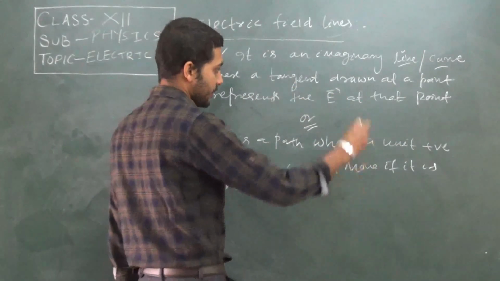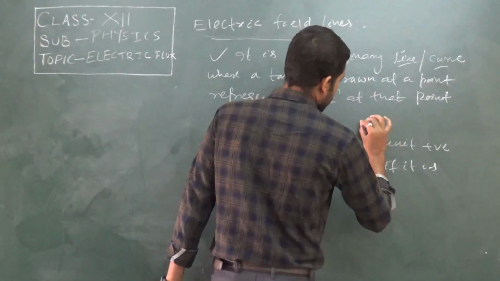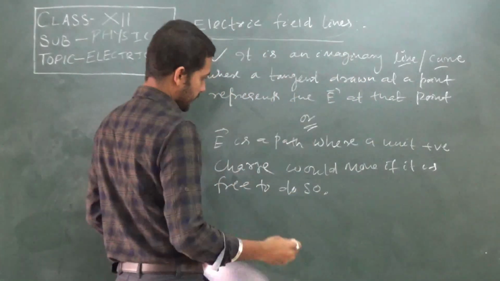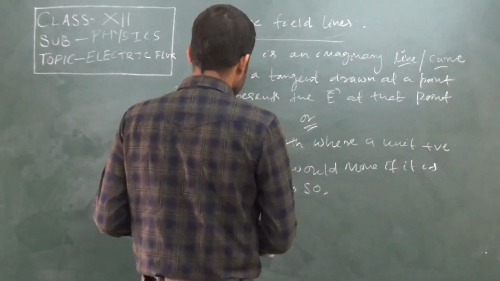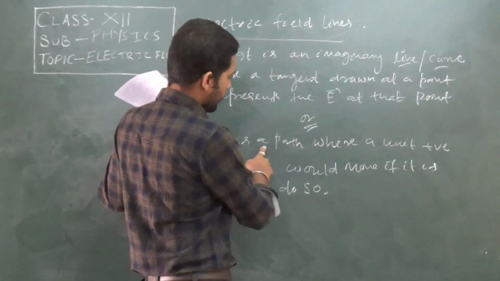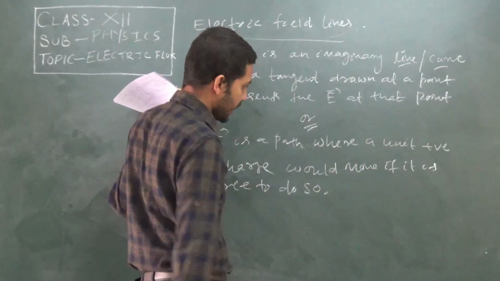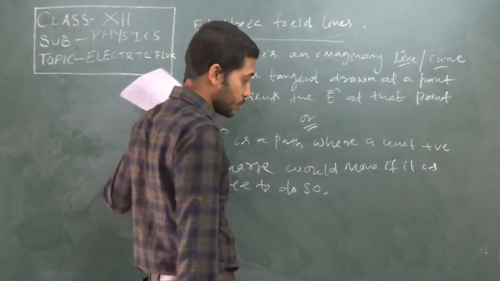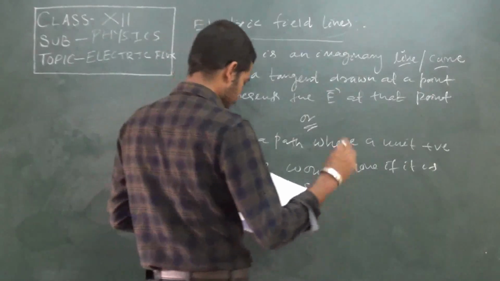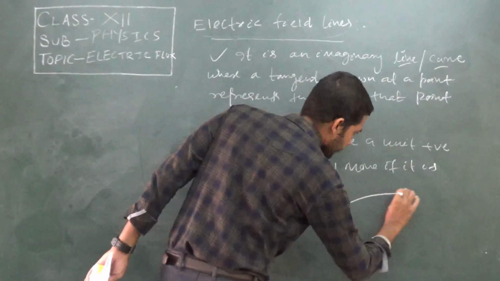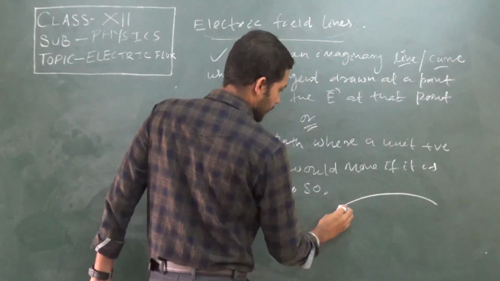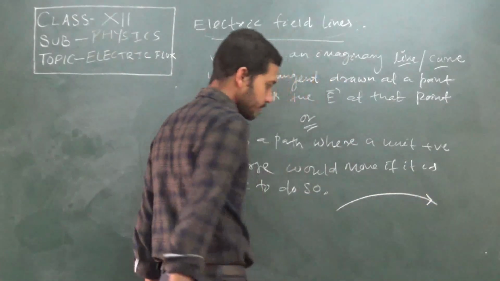So if you discuss this one at first, then see: an electric field line is a path where a unit positive charge would move if it is free to do so. Like for example, let us say this is one line of force. Clear?